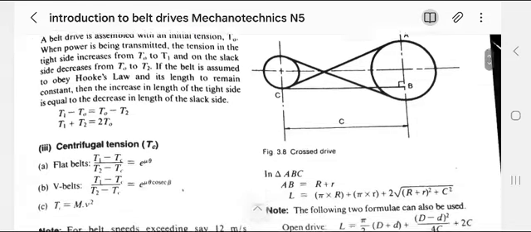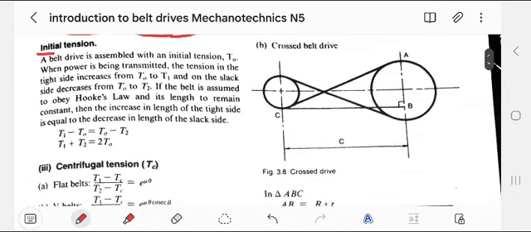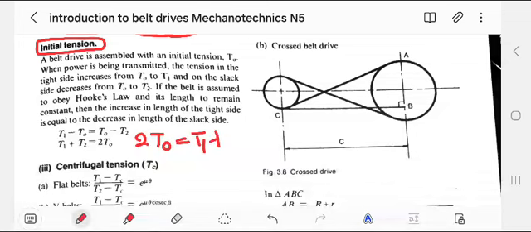Now the initial tension. It is often used when dealing with loads and bearings. The initial tension is given by this formula: 2 T0 equals T1 plus T2.